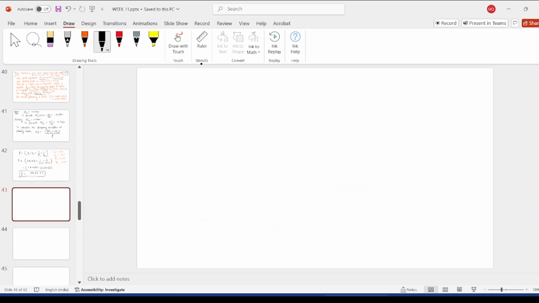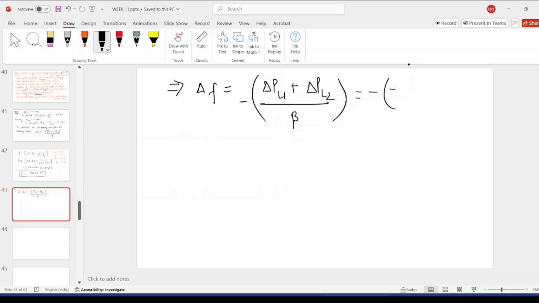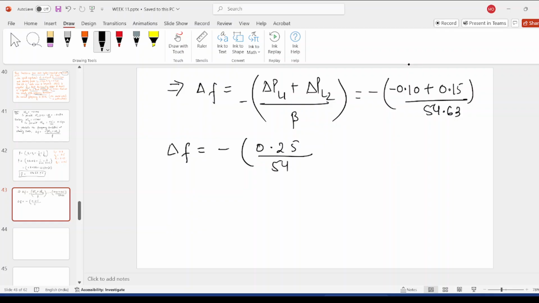Now, putting this in the equation, del F is equal to minus (del PL1 plus del PL2) divided by beta. What is del PL1? It is minus 0.10 plus 0.15, divided by 54.63. So del F is equal to 0.05 divided by 54.63.